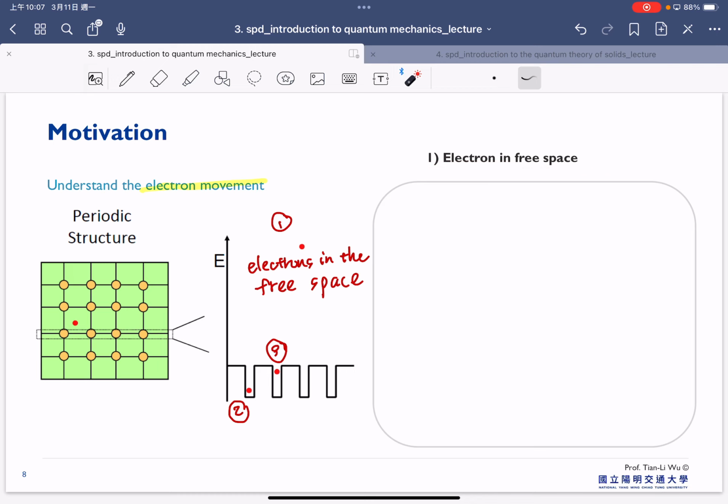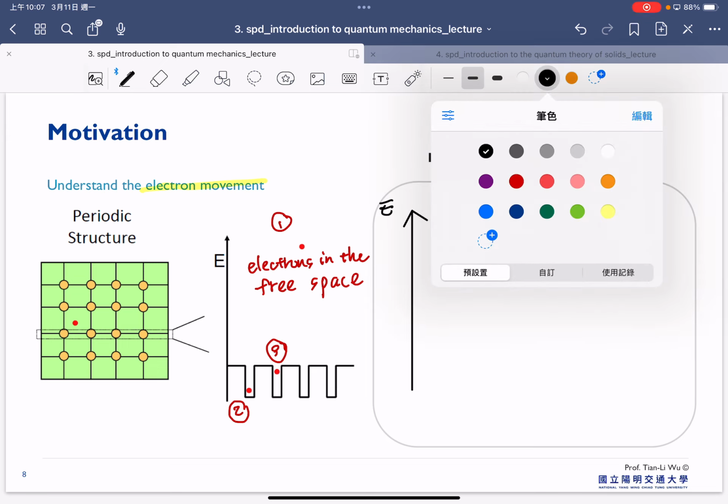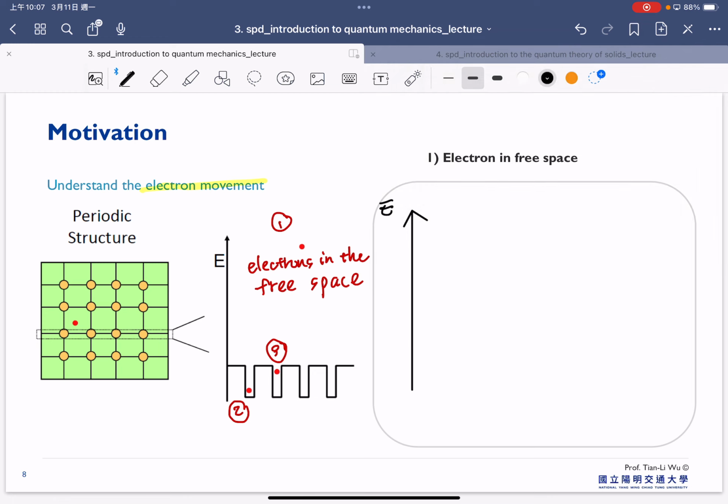In this case, we have the potential here, but now we can assume our potential approaches zero.